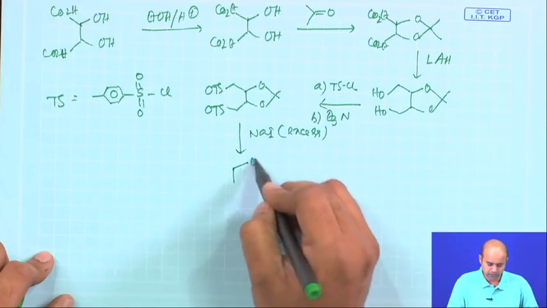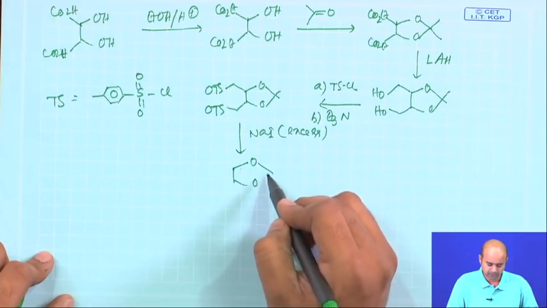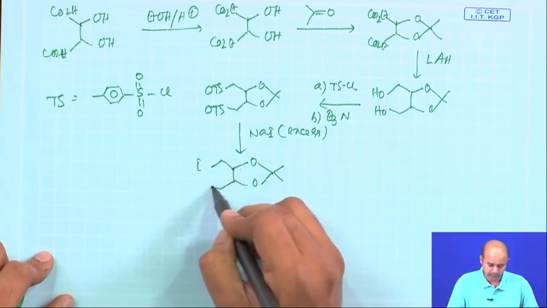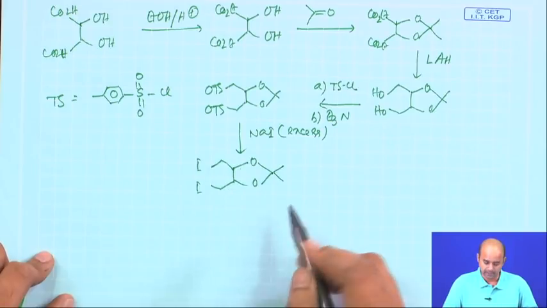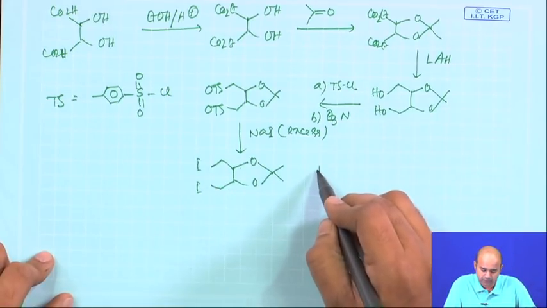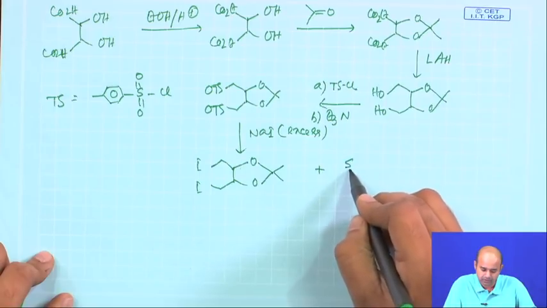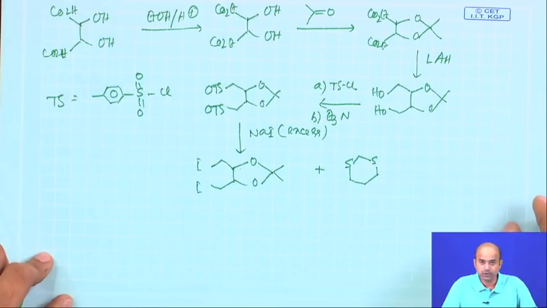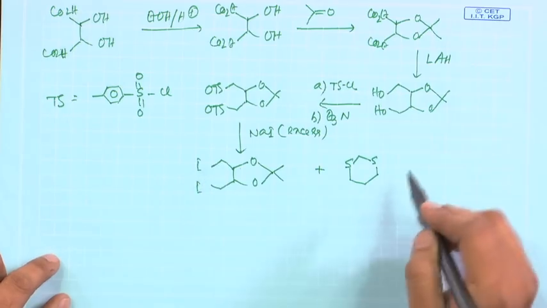and that will give you the corresponding diiodo species. This diiodo species is now basically acting as a double electrophile. Now, you react with your 1,3-dithiane. You can do a stepwise reaction, because you need to react with two electrophiles.